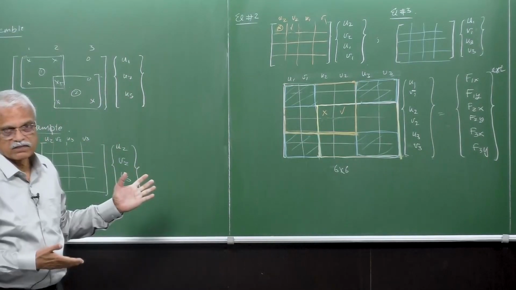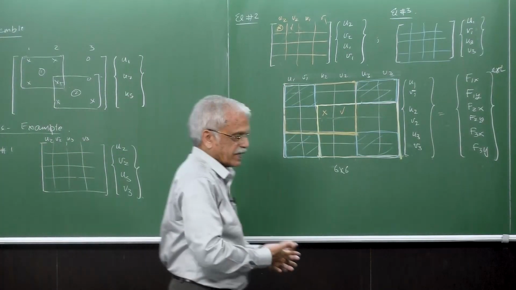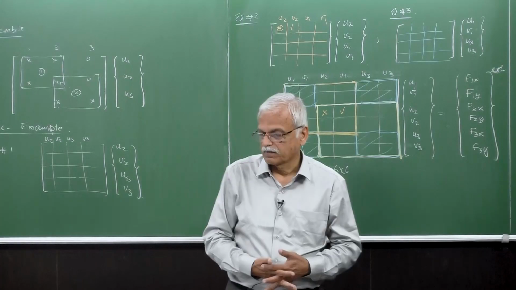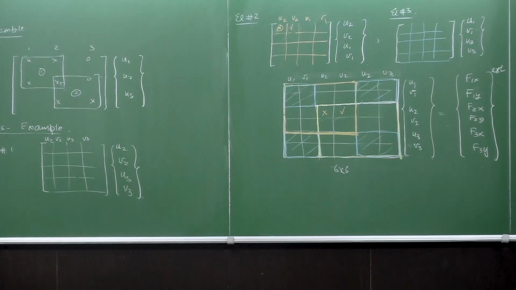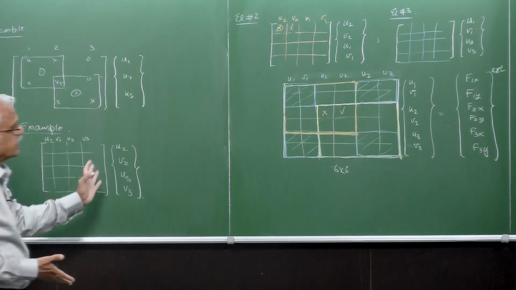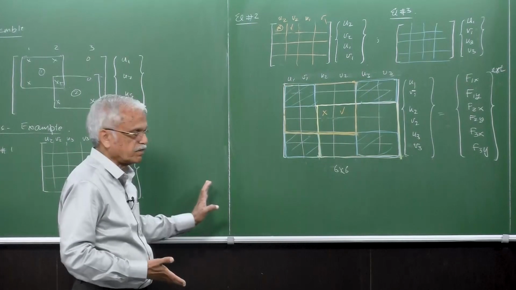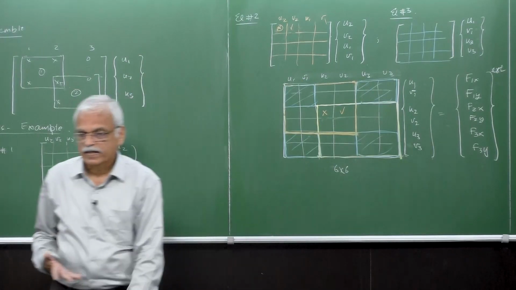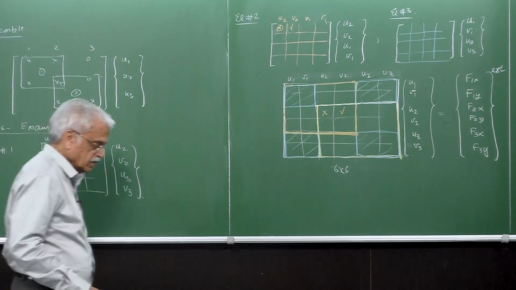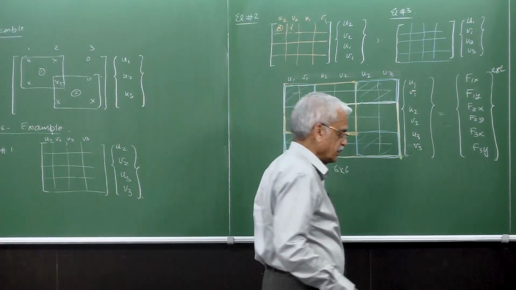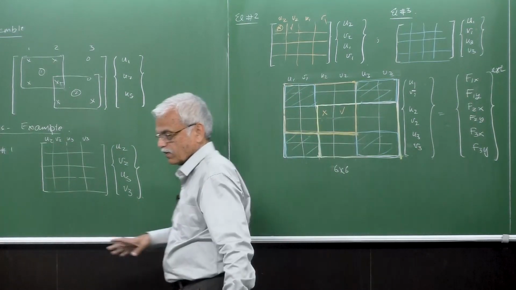In fact, if you are a MATLAB enthusiast, I'm sure this can be programmed, and of course people do that. It's an interesting thing how you transpose the degrees of freedom from element to the final global system of equations, right?